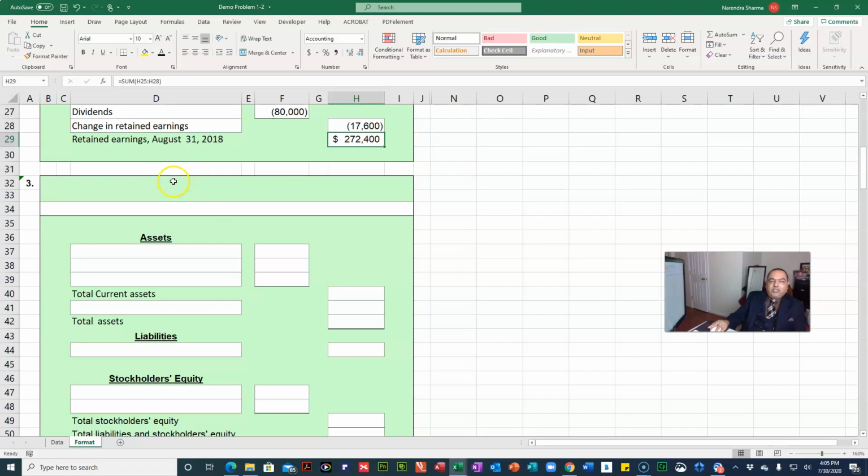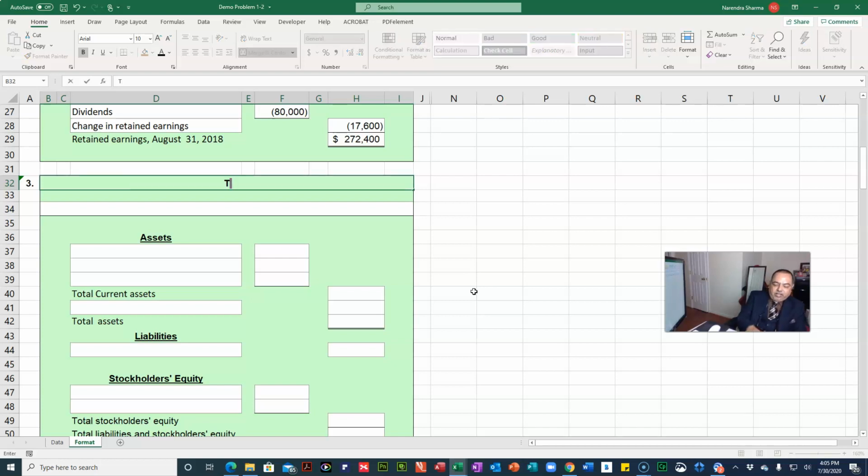So the third statement we are preparing is a balance sheet. Now in the balance sheet, again we write wealth management services, and then we write a balance sheet.